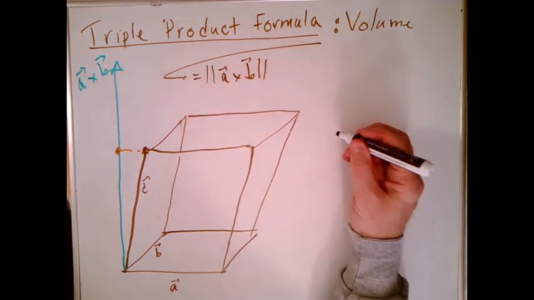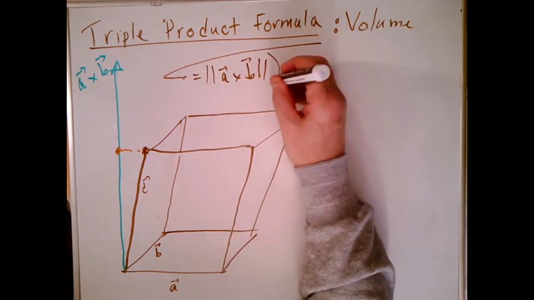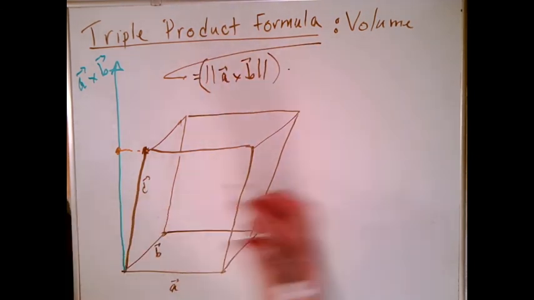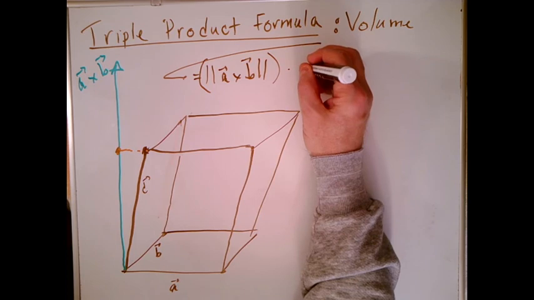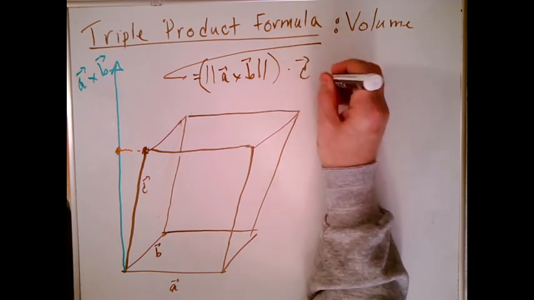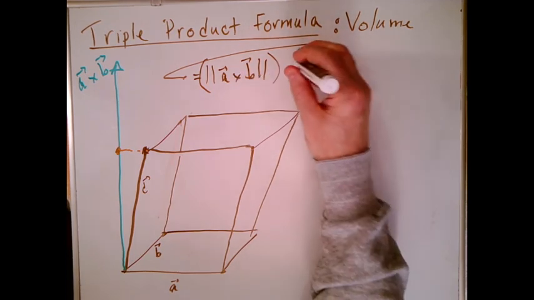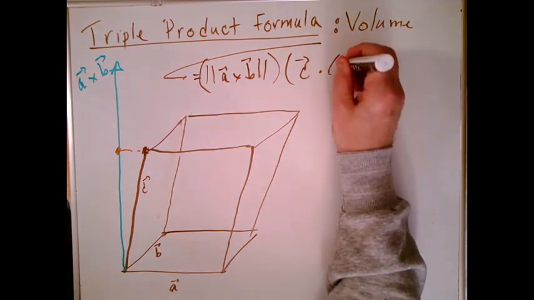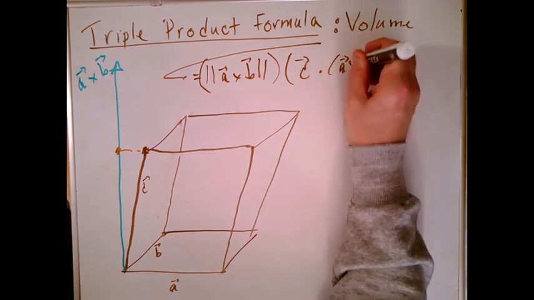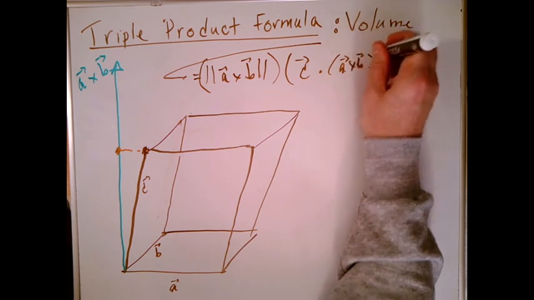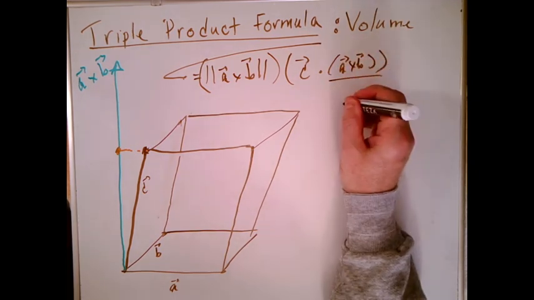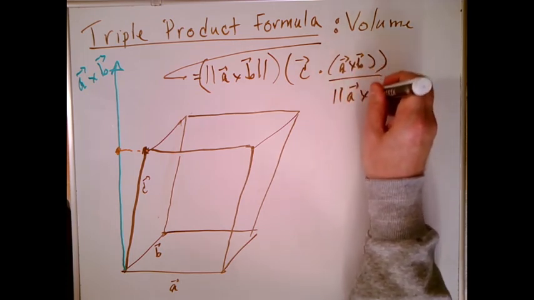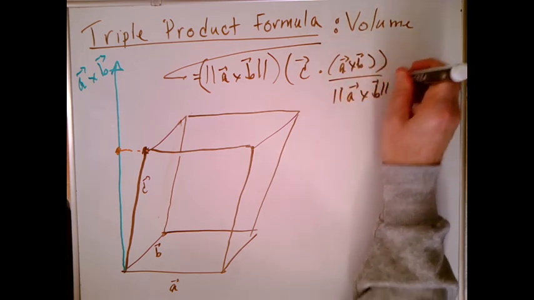Remember, this is a scalar, it's a length, and so we're going to multiply this length times the length of the projection of C onto this. And we have a nice formula for that. That's just going to be C, remember, this is times, not dot, this is dot, right? This is A cross B. And remember, the projection formula has A cross B over the length of A cross B, just like that.